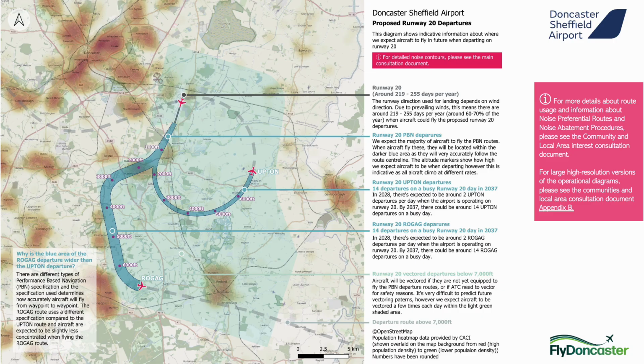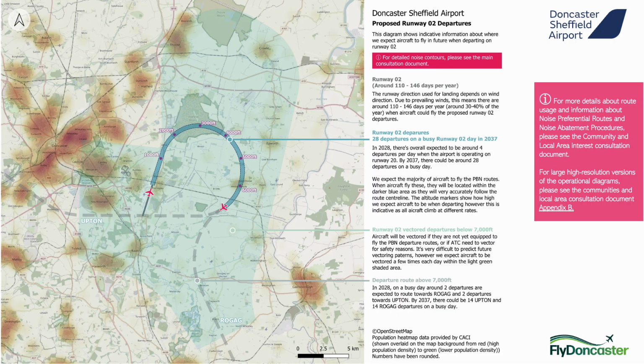On this image, the end of the blue lines indicates approximately where we expect the vast majority of aircraft to be above 7,000 feet, but then the dotted line shows the flight path you can expect to see be followed from that point. We expect about a 50-50 split in terms of the numbers of aircraft using each of these departure routes, and on current forecasts, in 2037, there could be in the region of 14 departures a day. That's 14 departures a day on each of these routes.